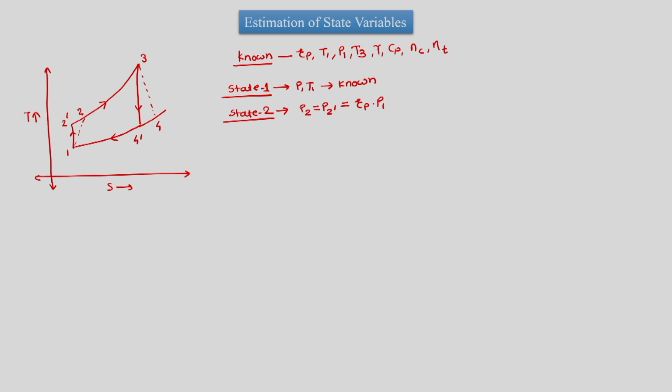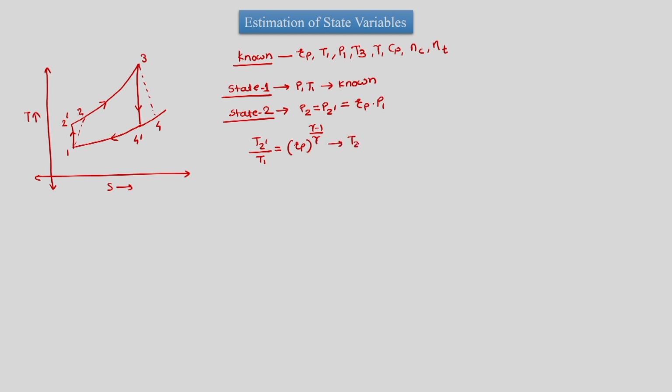So P2 dash and P2 are the same. Now we have to find out T2, the temperature at state 2. For that we have to first estimate T2 dash, and we know that T2 dash upon T1 is Rp raised to gamma minus 1 upon gamma.